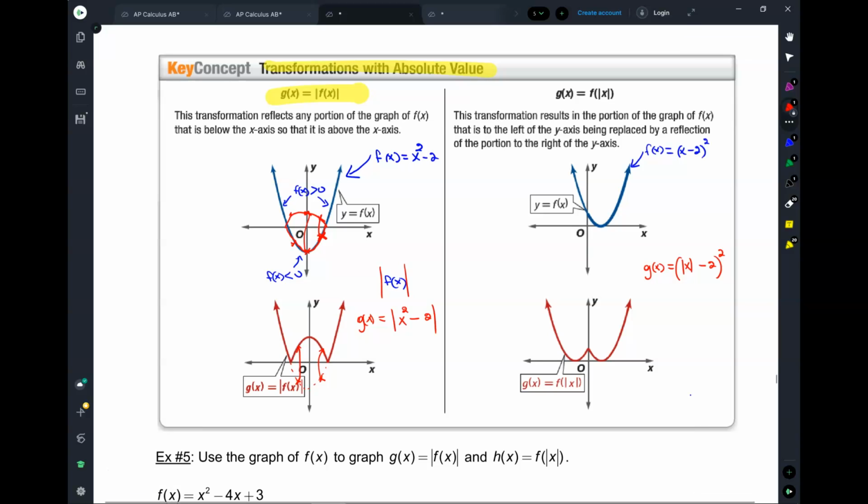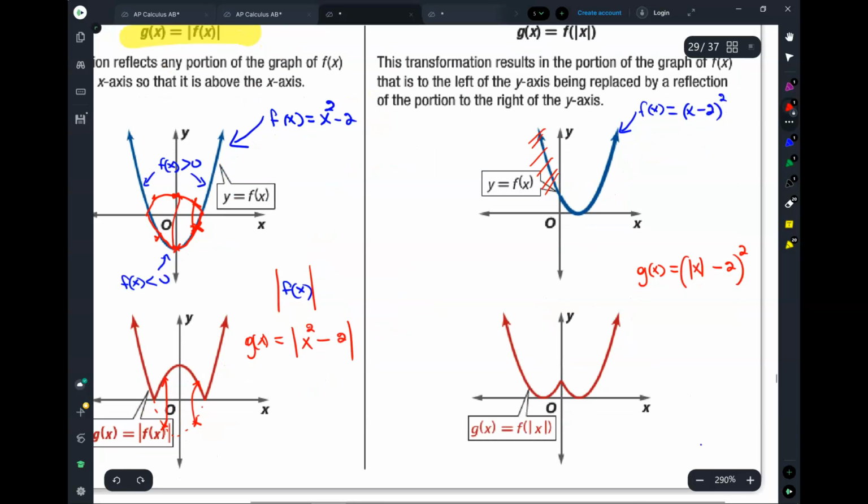Okay, so now, whatever x I put in here, that absolute value is first going to make it positive. That means I'm no longer going to have any more negative x values, correct? So all of these negative x values are going to be thrown away. But what's going to happen instead?